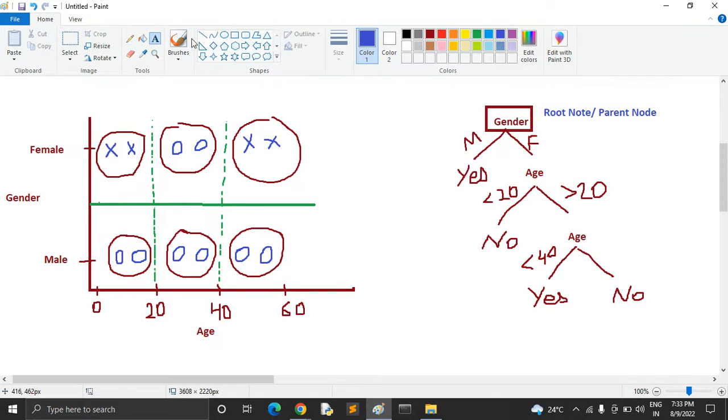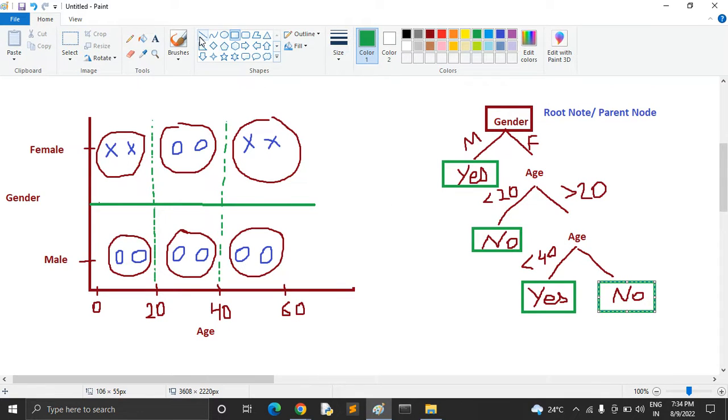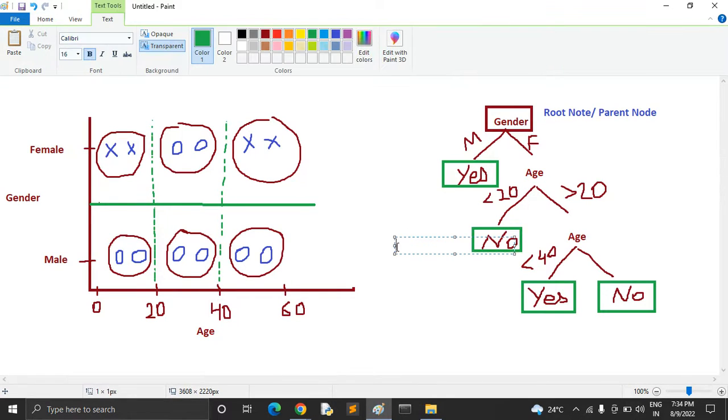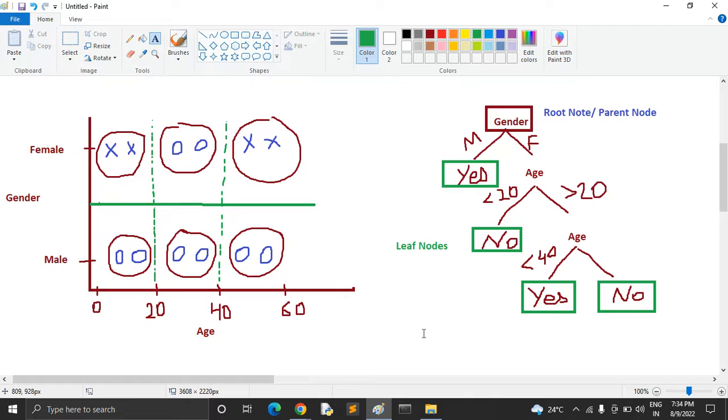Then the node at this point, this node here, this yes, this no, then this yes, this no: the nodes which are not splitting any further are called leaf nodes.